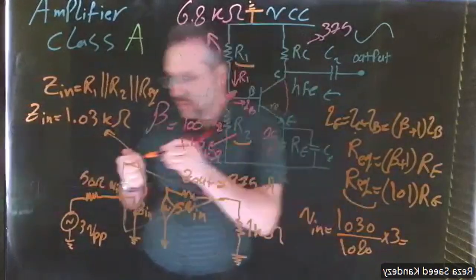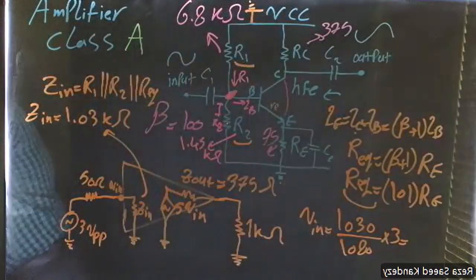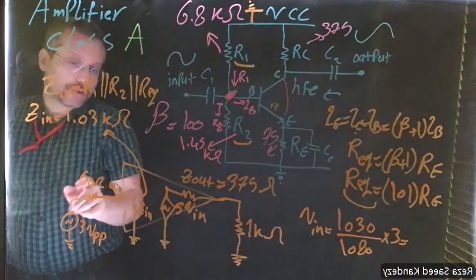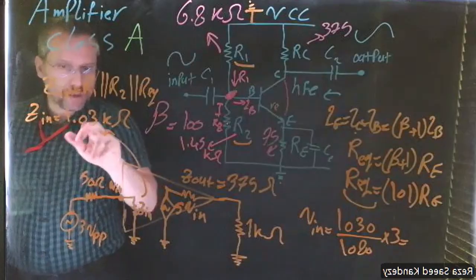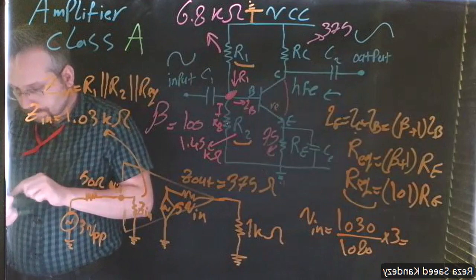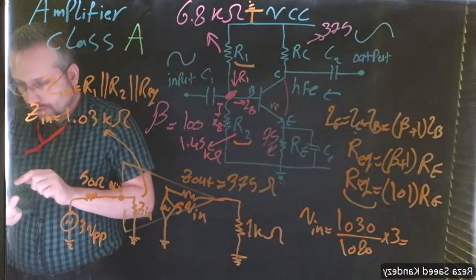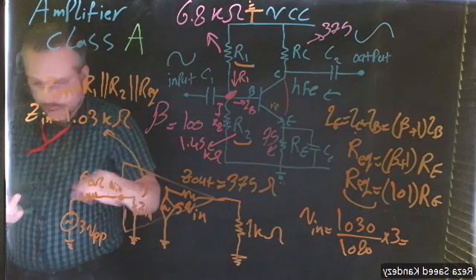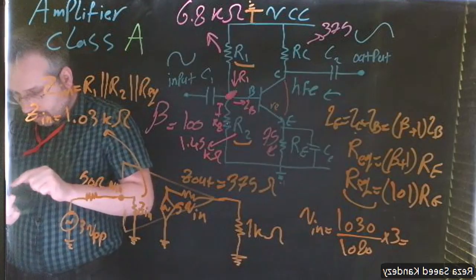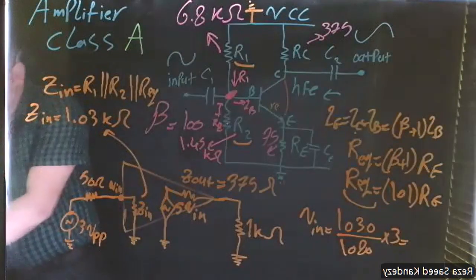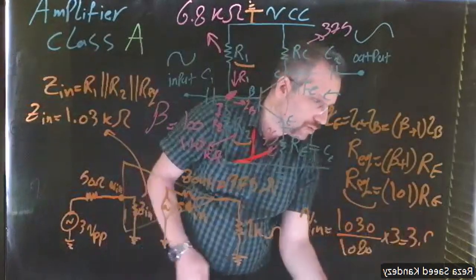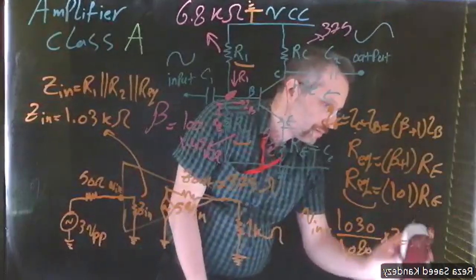Now, since the generator impedance is very low compared to this, we don't expect a lot of deviation in our input voltage. 3 is going to be 2.86. So our input voltage is 2.2. Sorry.